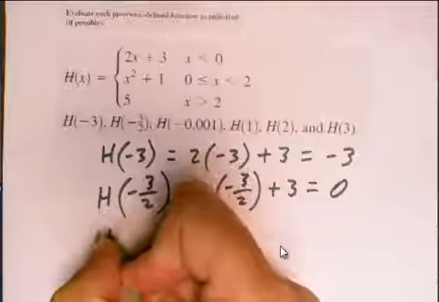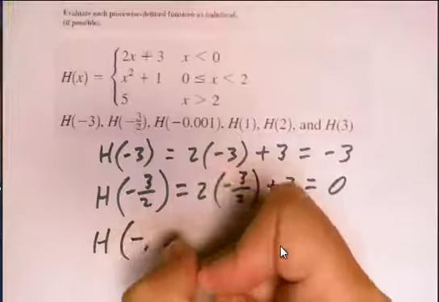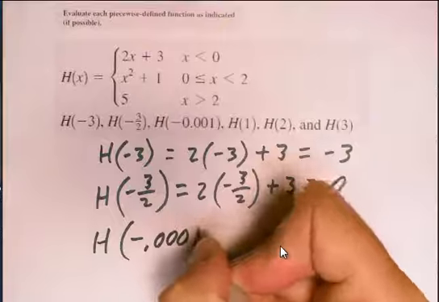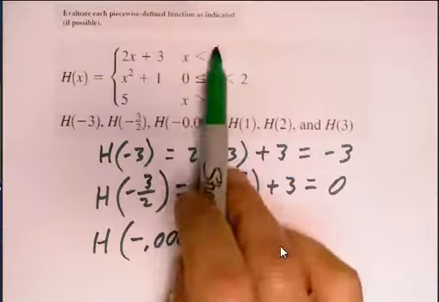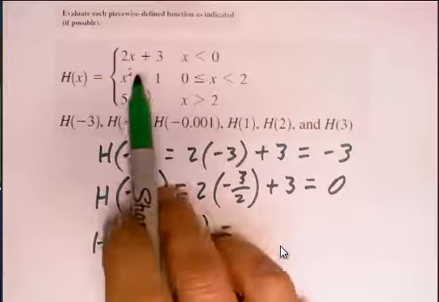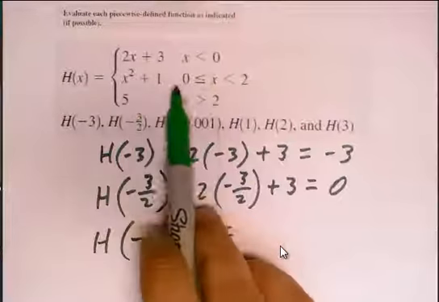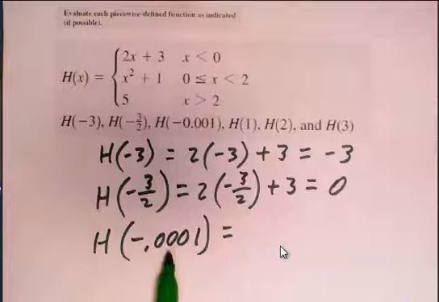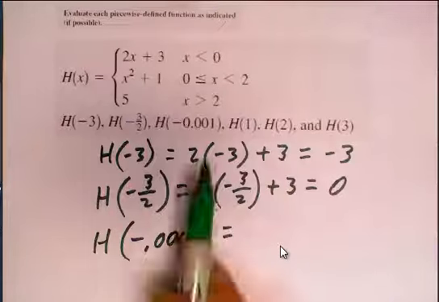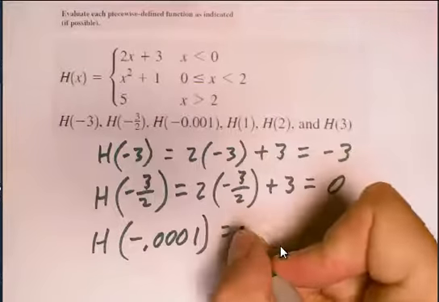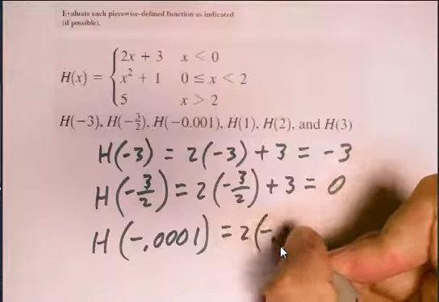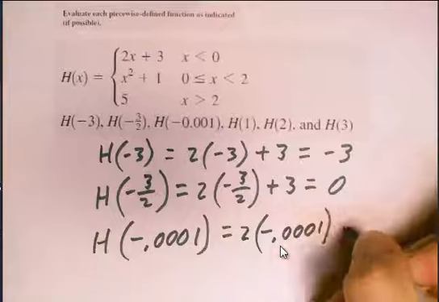h of negative 0.0001. Again, we've got to look up here. Which domain does that fall into, to know which function to use? Negative 0.0001 is still up in this one. We're less than 0. So we go 2 times negative 0.0001 plus 3.